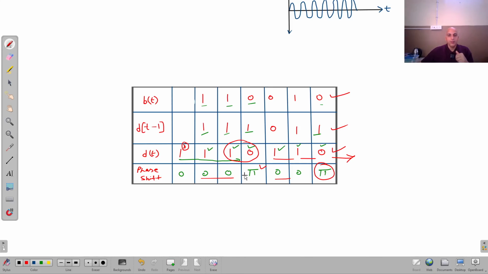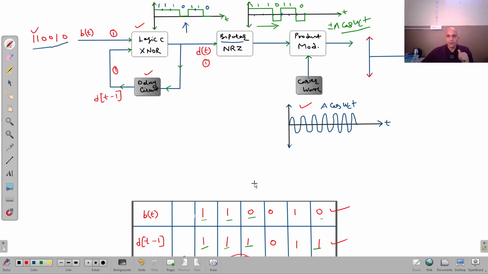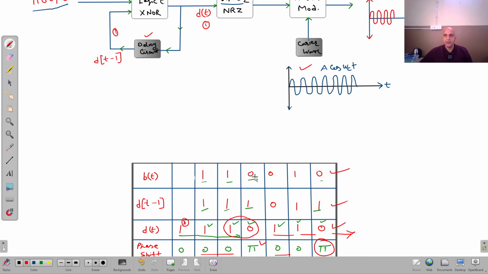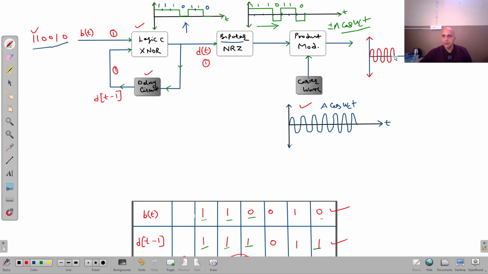So according to it, we will have a waveform of this DPSK signal. This is the phase 0 0 0, then pi, then 0 0, then again pi, right? So I can draw this waveform here. I will have this original waveform as it is, 0 0, no change, because for the 3 bits there is no change of phase, but then I have a phase change of 180 degree, which means I will change the phase.